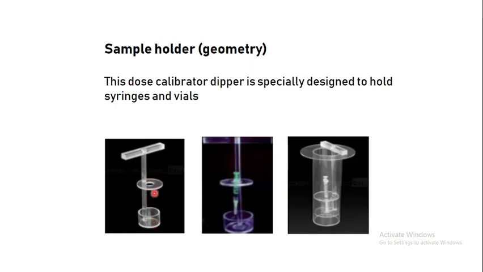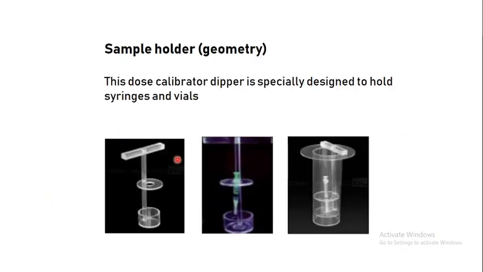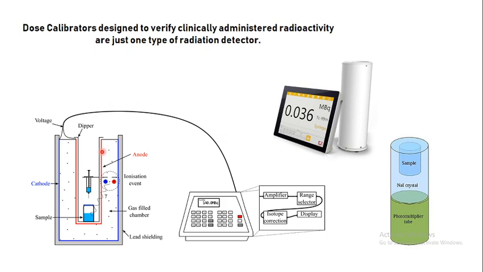This shape is used to put a syringe inside and keep the syringe aligned. This one is a dipper, and this is a holder. The sample holder is put into the dipper, and the dipper is placed in the hole of the gas-filled tube.